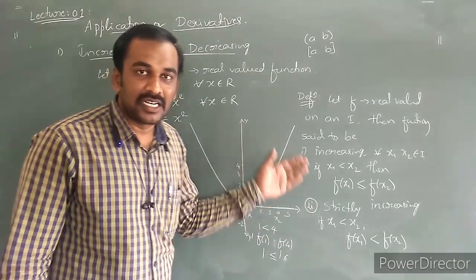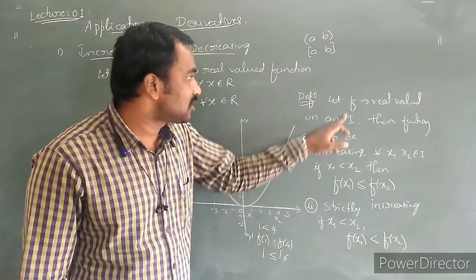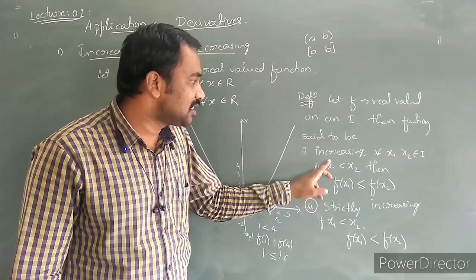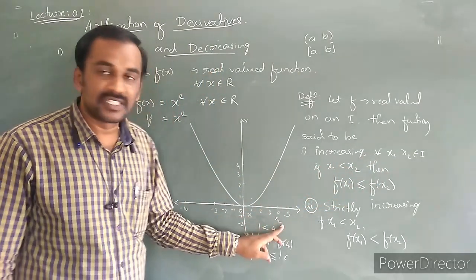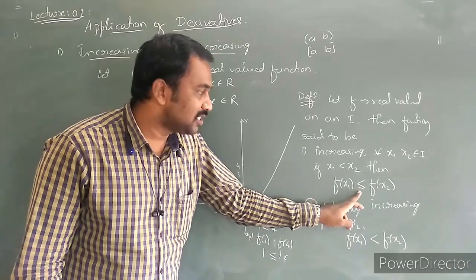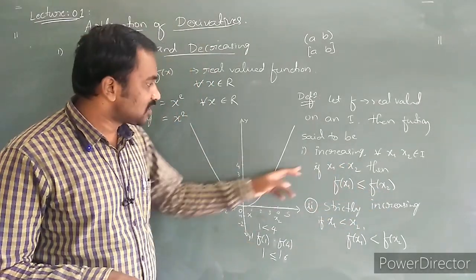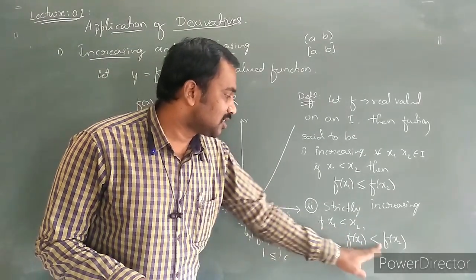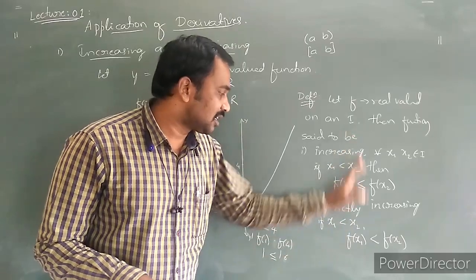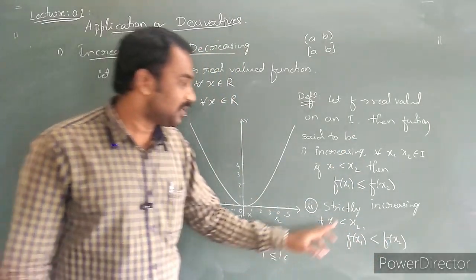So it is a very clear and very simple picture. When we need to say that the given real valued function is increasing: if x1 is less than x2, then f of x1 is less than or equal to f of x2, a slack inequality. With the same condition, if x1 is less than x2, then the function is said to be strictly increasing whenever f of x1 is less than f of x2.